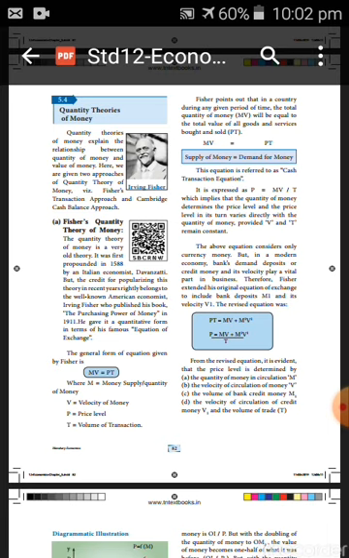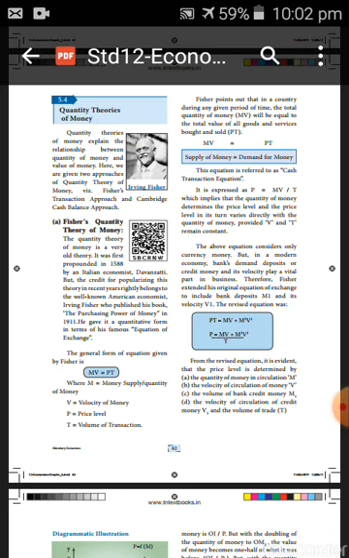That is nothing but supply of money is equal to demand for money. So this equation is otherwise known as the cash transaction equation. That is expressed as P = MV/T.